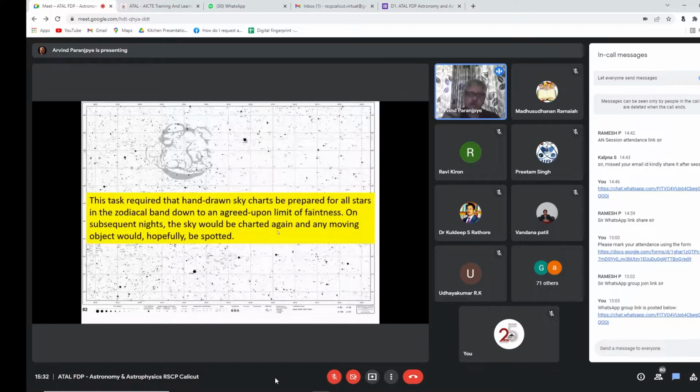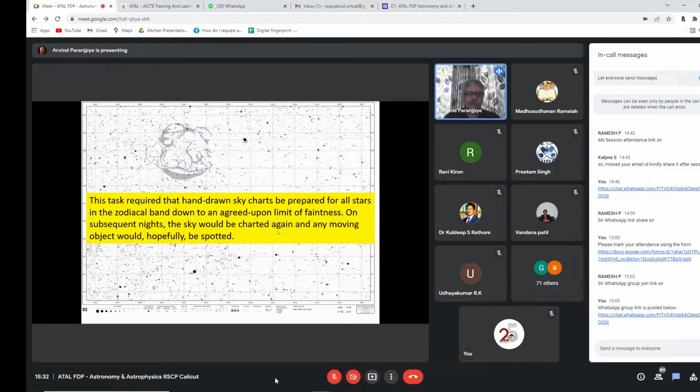Now, 1/4 of a degree is half the angular diameter of the Sun, which is half a degree. So if you find a body which moves by that amount, then that body is possibly your missing planet. So they were looking for this missing planet, and all these people were observing.